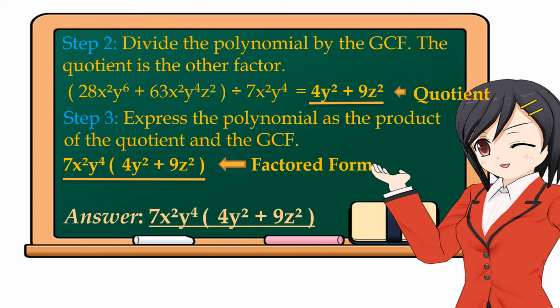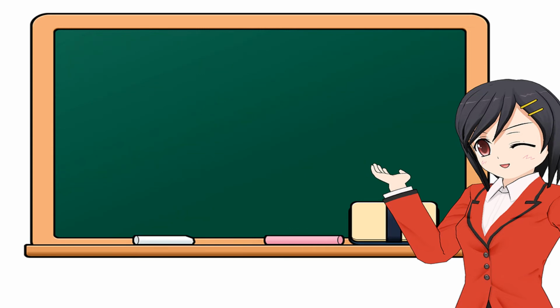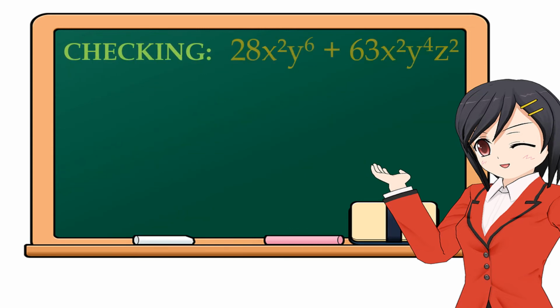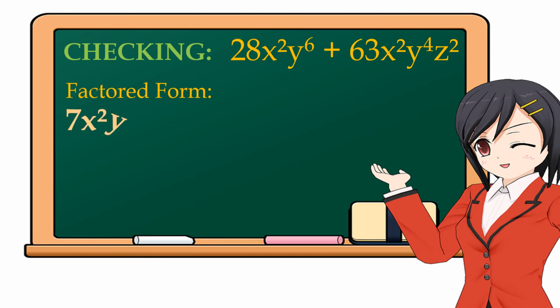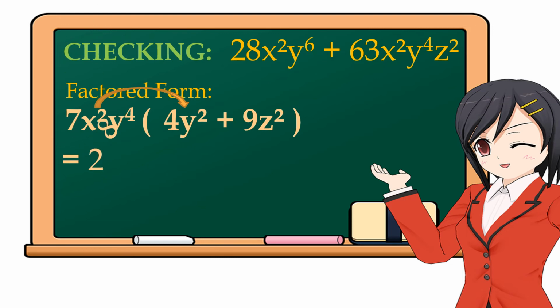So our answer is 7x squared y raised to the 4th multiplied by quantity 4y squared plus 9z squared. So let's check. If 28x squared y raised to the 6 plus 63x squared y raised to the 4 z squared is equal to 7x squared y raised to the fourth times quantity 4y squared plus 9z squared. So using the distributive property, we will multiply 7x squared y raised to the fourth by 4y squared, which gives us an answer of 28x squared y raised to the 6th.